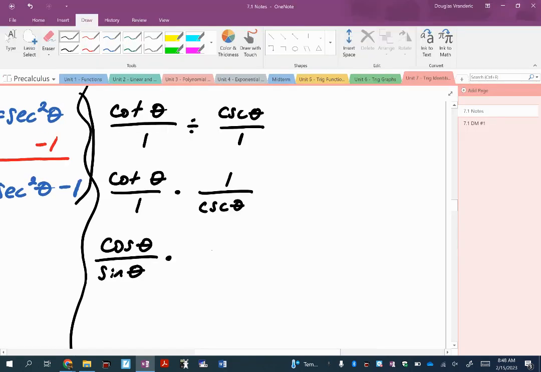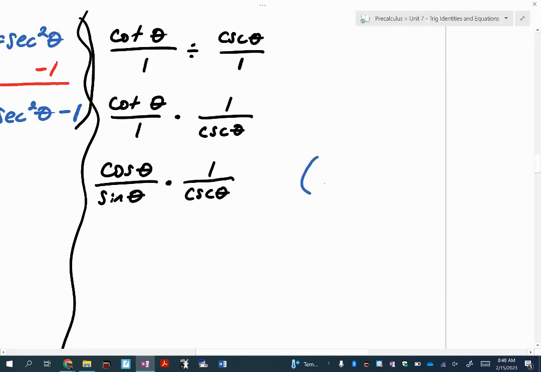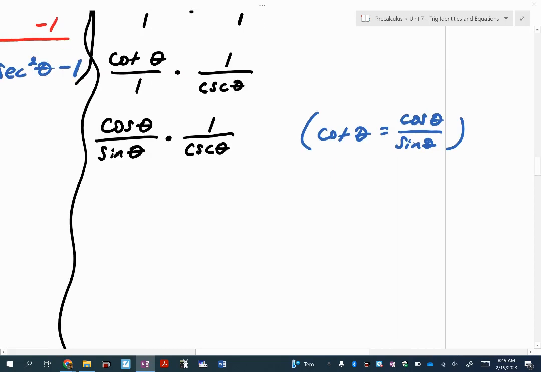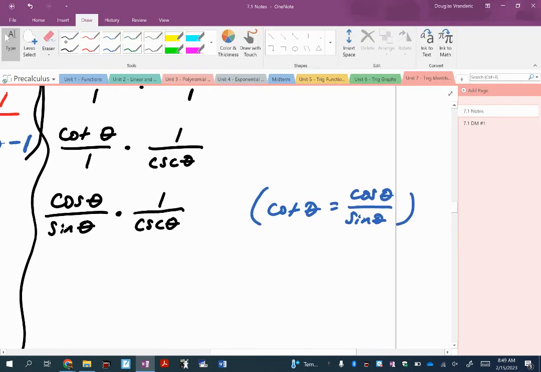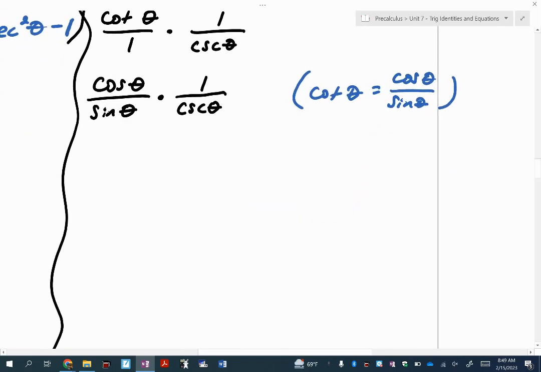Actually, let me first copy this down. All right, choose a different color to show you what I did. So I use cotangent of theta equals cosine theta over sine of theta. Okay, still unable to cross out, but I notice I see cosecant, which is a reciprocal of sine. So copy down cosine of theta over sine of theta, and times 1 over cosecant of theta is actually sine theta.